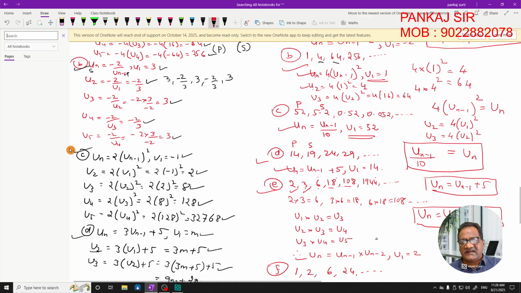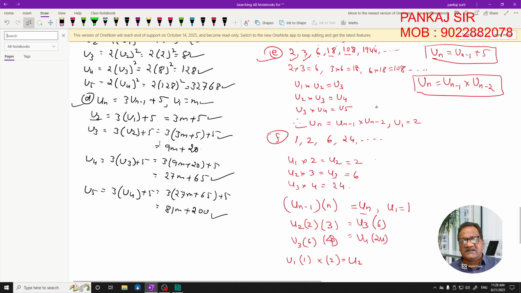The last one, F, is 1, 2, 6, and 24. Now here, what kind of relationship is there? Suppose I take u2. How am I getting this 2? I take the previous term as u1, which is 1.